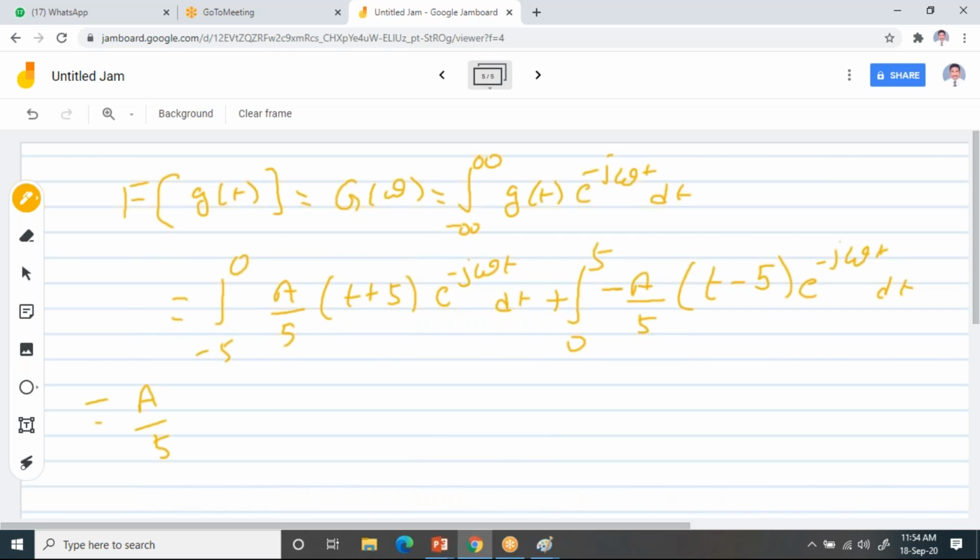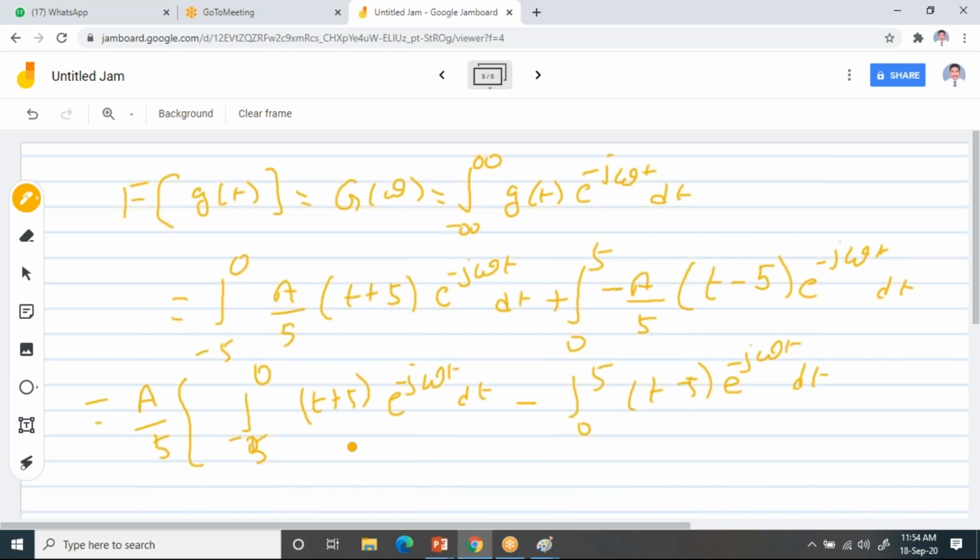I can write a by 5 times the integral from minus 5 to 0 of t plus 5 into e power minus j omega t dt, and minus the integral from 0 to 5 of t minus 5 into e power minus j omega t dt. Now it looks like a plus b into c and a minus b into c. So you simplify it, but you should be very careful here.